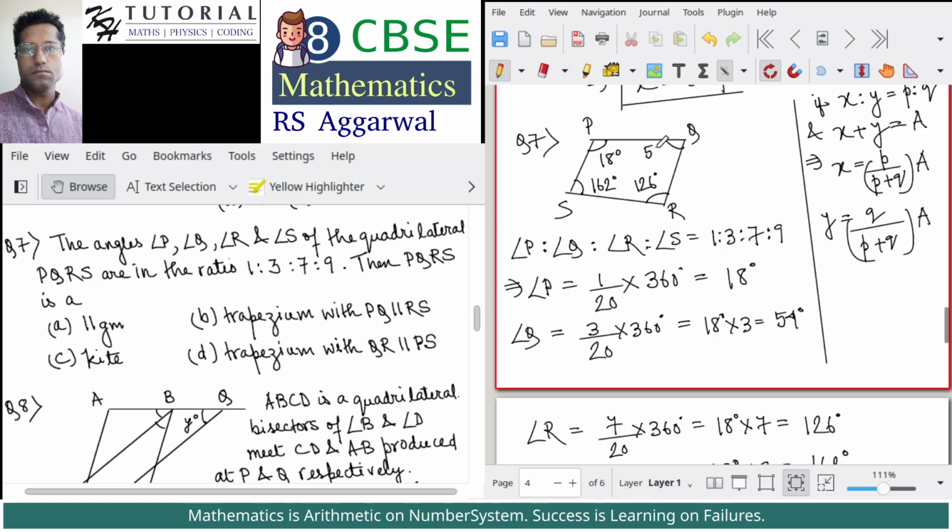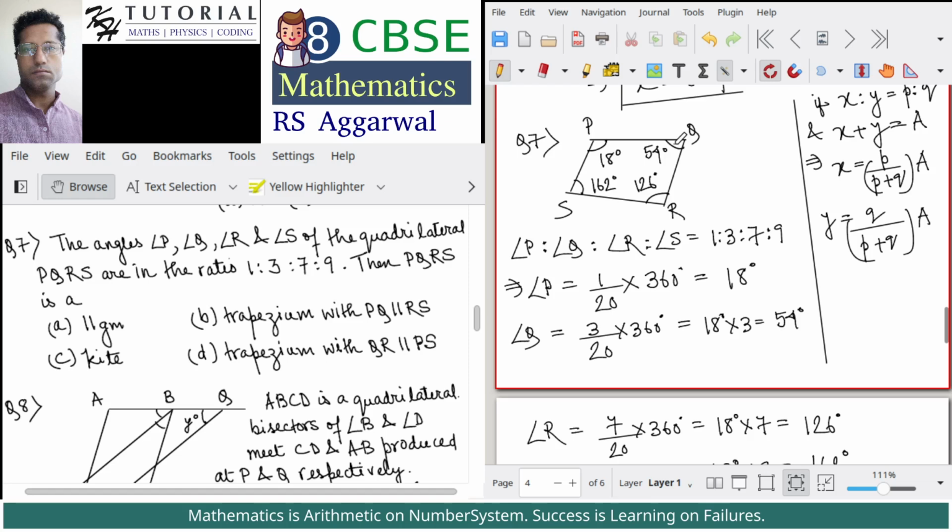So all the angles are different. So definitely this is not a parallelogram, because if it was a parallelogram, then P should be equal to R and S should be equal to Q. This is not the case.